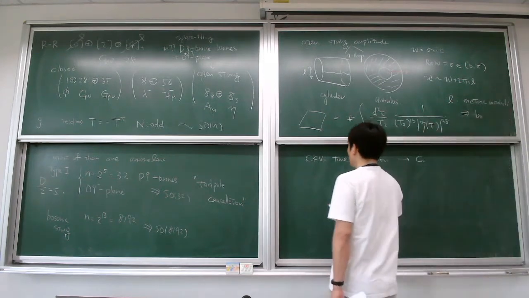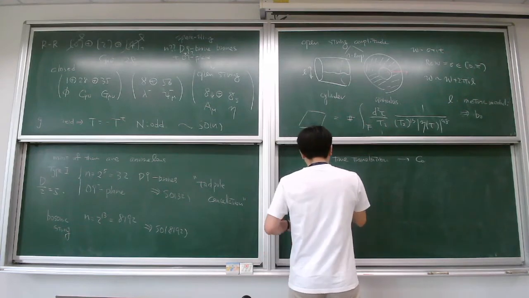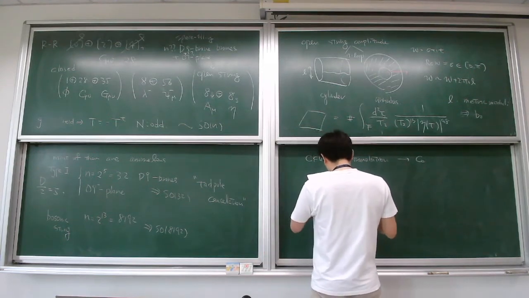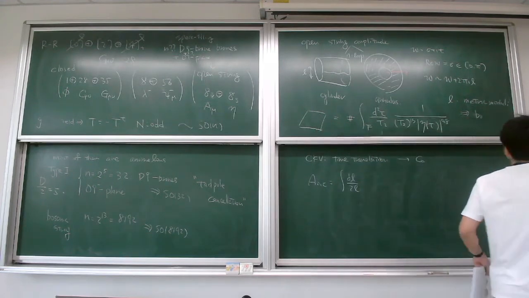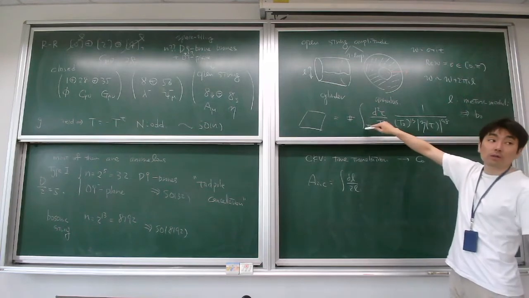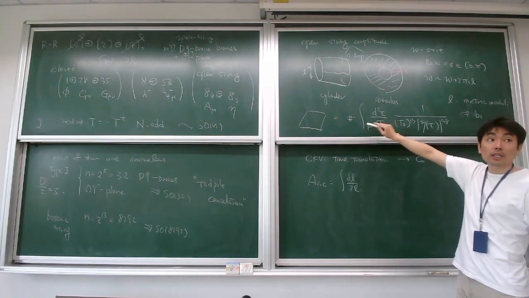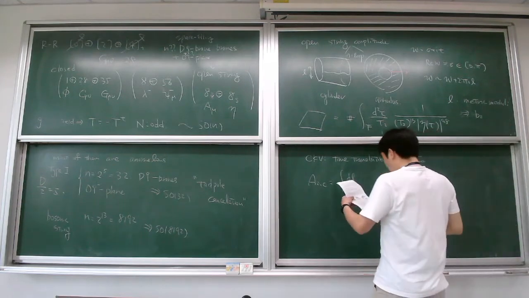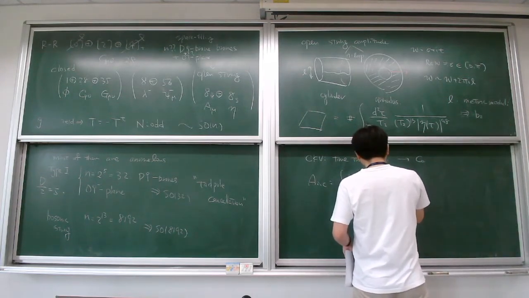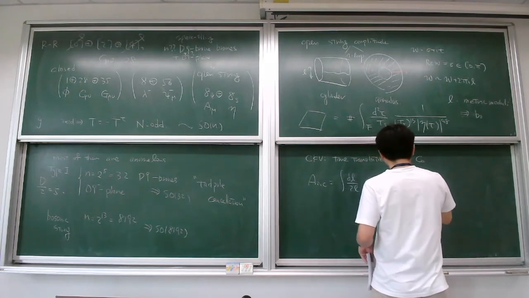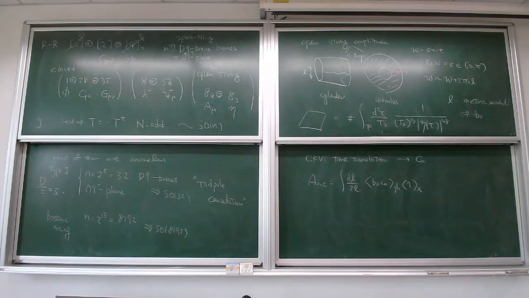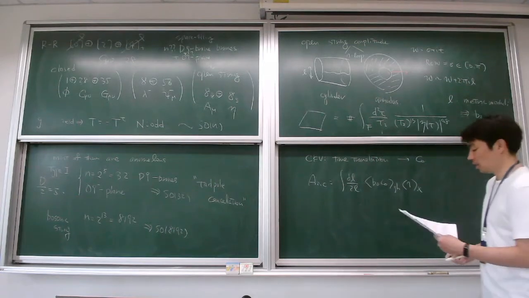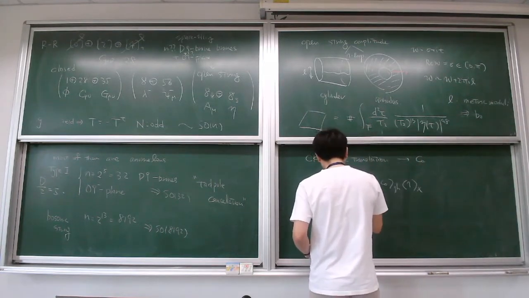Therefore this cylinder, which we call A0C, is indeed given by the integral dl over 2l, corresponding to the integral over a fundamental region, and then we need to include B0, C0, the ghost factor, and the trace over X. In the bosonic string it is just the same. Okay, so it is really analogous to this one.